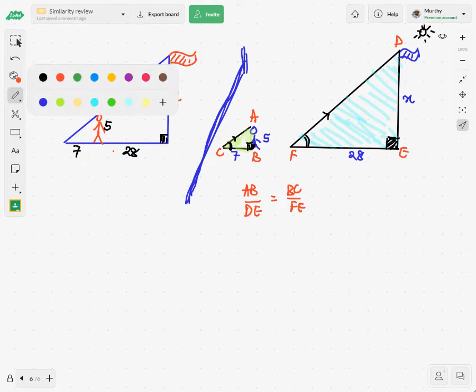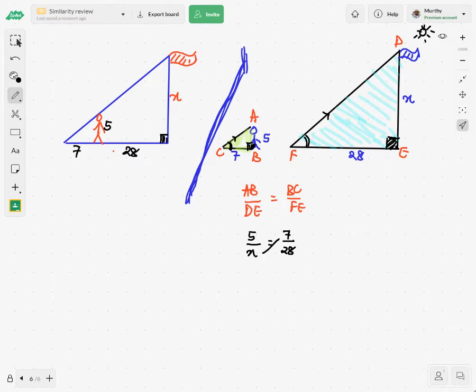Now just plug in these values. AB equals 5, DE is not known. I'm taking the vertical lines. Next, BC is 7 feet, which is the horizontal line of the small triangle. And FE is the horizontal of the large triangle.